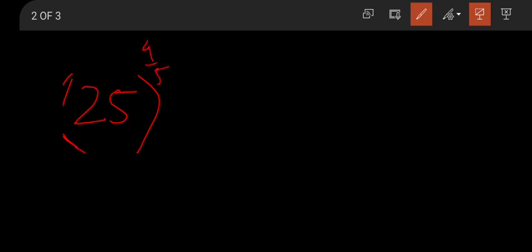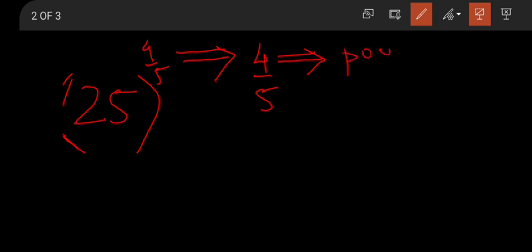So in this we'll study this power. Okay, 4 upon 5. In this, the upper number means numerator, or you can say 4 is nothing but power, and the lower number, the denominator, will be called the root.